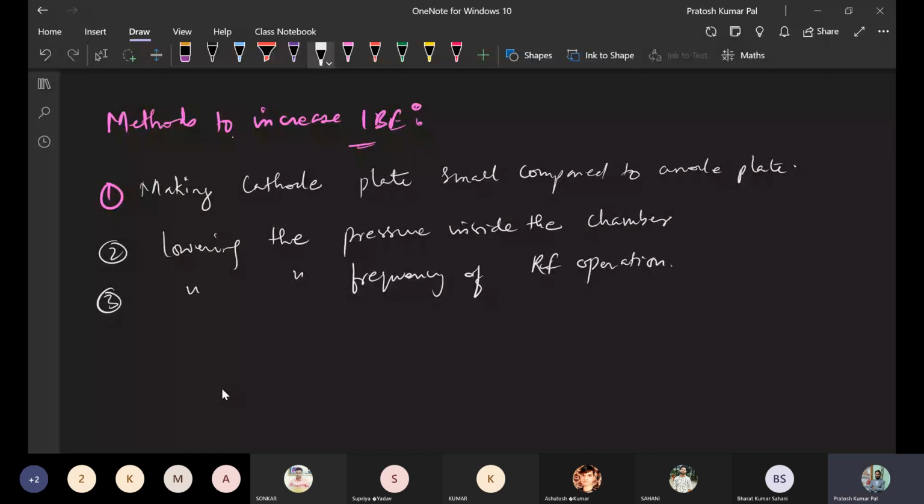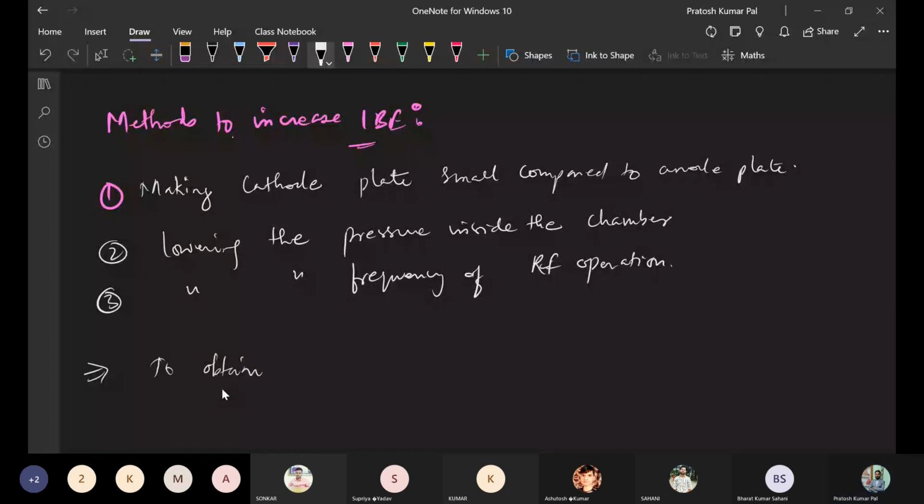Why are we focusing on ion bombardment energy? Because this ion bombardment energy is the cause that produces an anisotropic nature of etching.